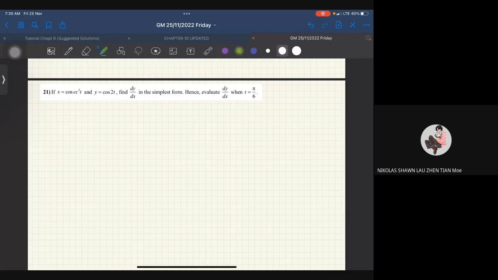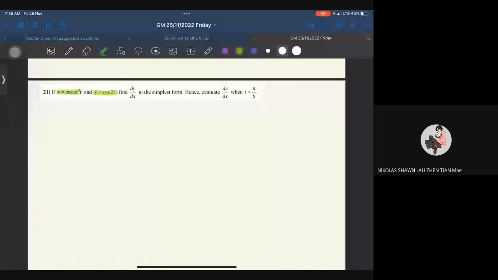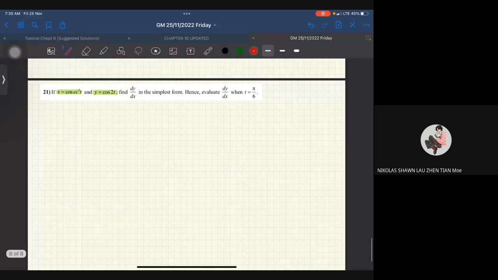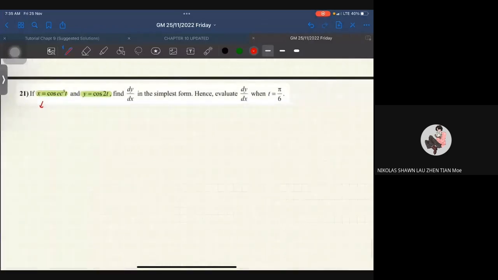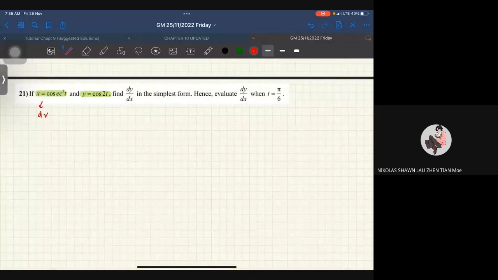So from here, I can find dx dt. What is my dx dt?